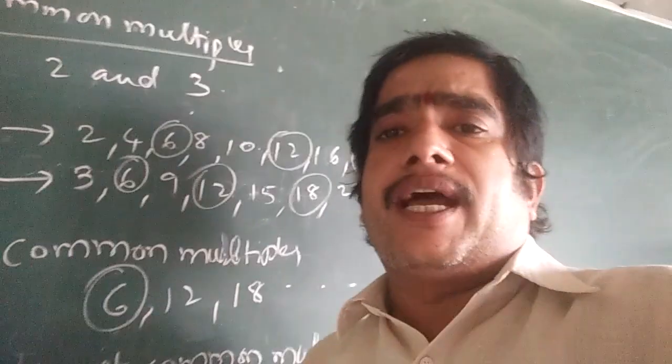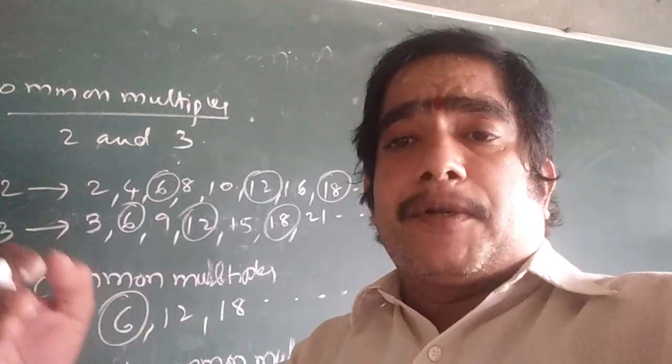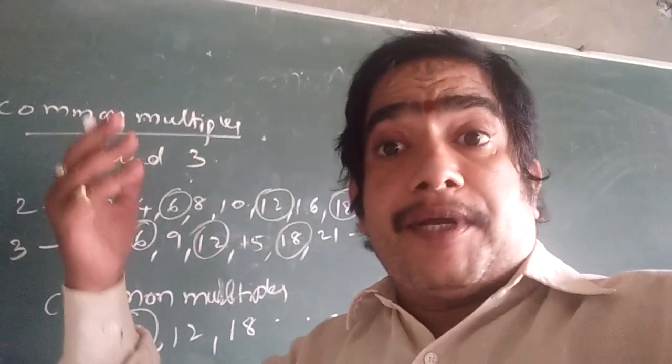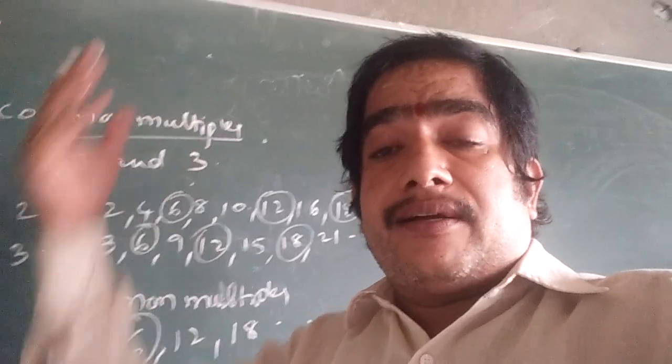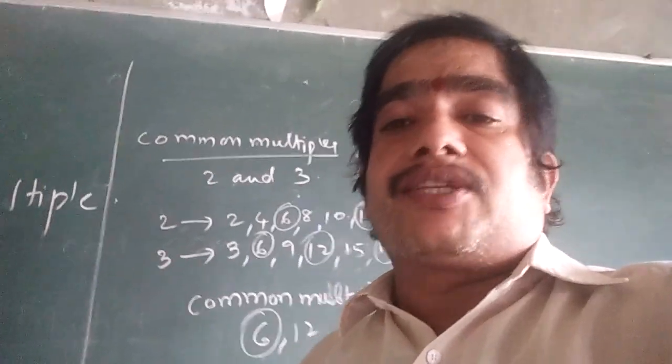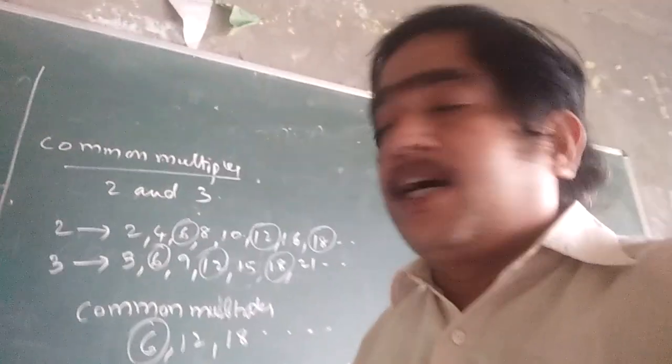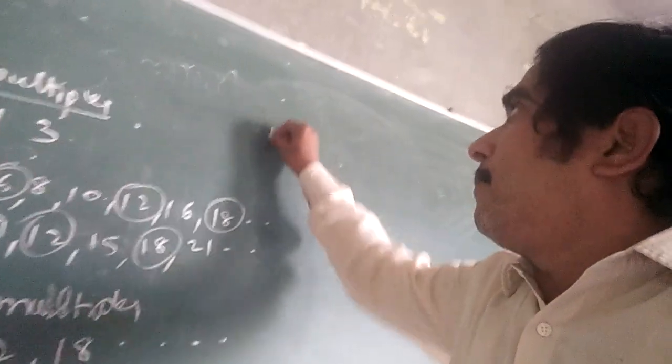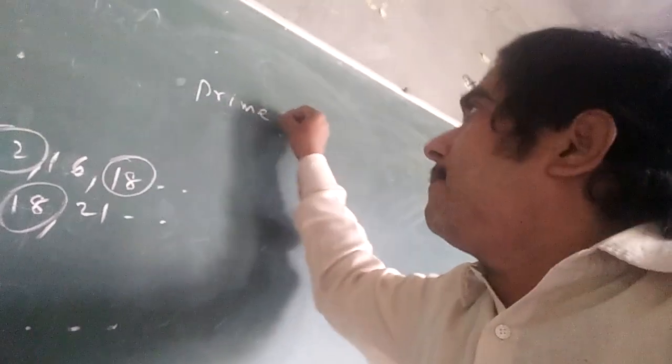Now, this is known as the writing multiples method. But for bigger numbers, like 18, 26, 72, it is difficult. So we learn one more method, the prime factorization method.